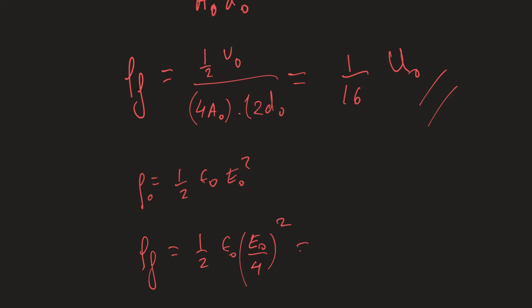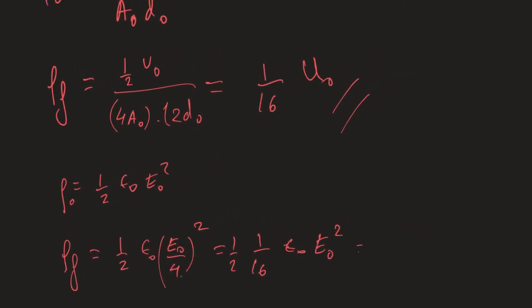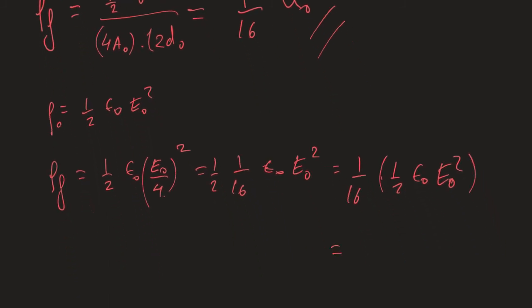So it will be 1/2 epsilon 0 times 1/16 E0 squared, which is 1/16 of 1/2 epsilon 0 E0 squared. But this amount is 1/16 of rho 0. So the density of energy changes by this factor. This is the correct answer for this problem.